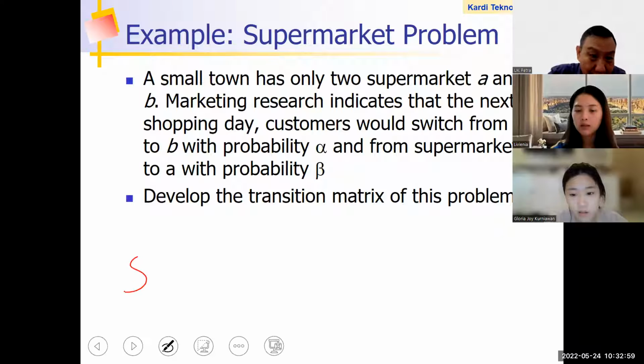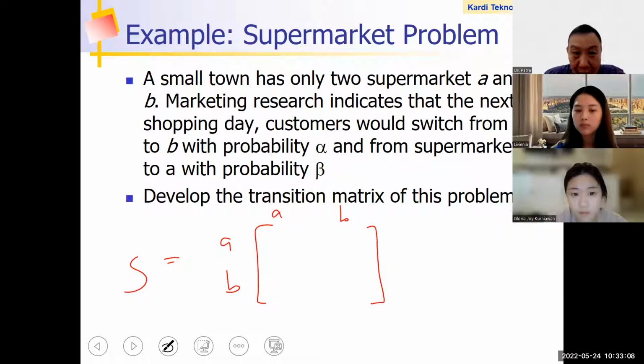So S equals, I have A and B, and I have A and B. So what do you fill in here? Switch from A to B with probability alpha. Where will you put alpha?